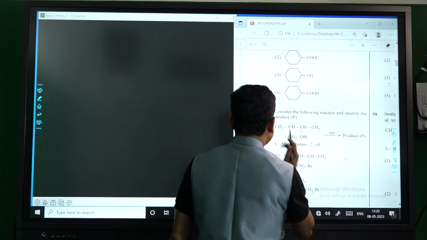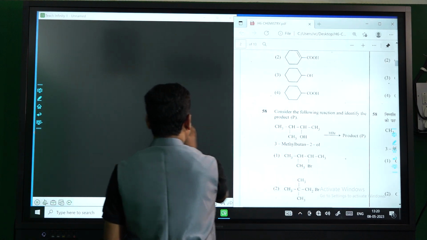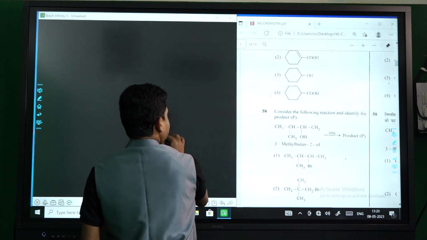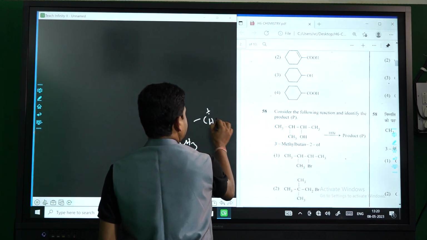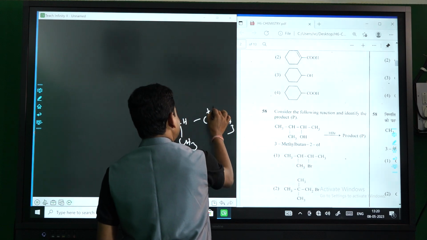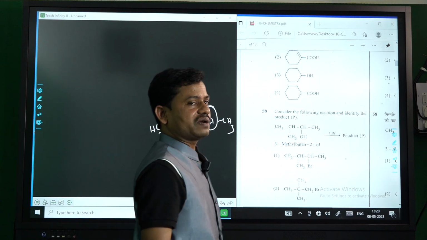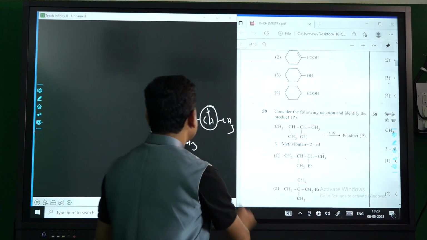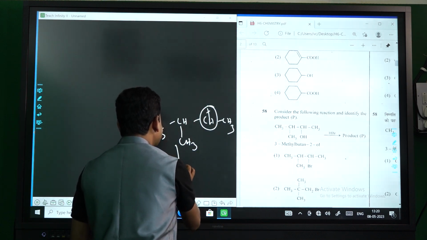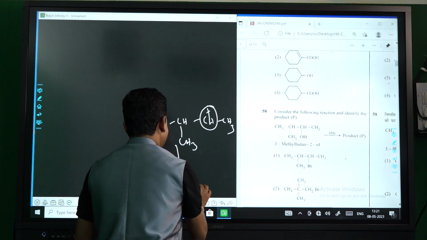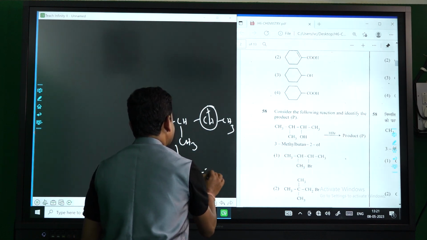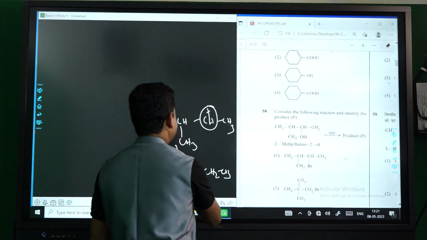So in that scenario, if OH is eliminated, you will get CH3, CH+, CH3, and that carbon is a 2 degree carbon. If the adjacent carbon is of higher degree, then shifting is possible. So by that hydride shift, you will get a 3 degree carbocation, dear students.